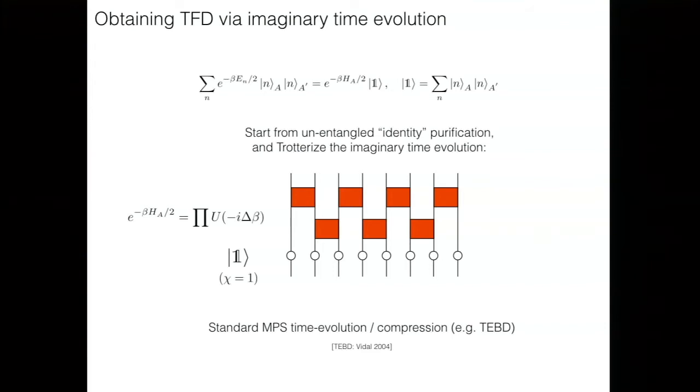So what I'm representing here is taking the general imaginary time evolution, trotterizing it into 2-site gates, and you sequentially start applying the gates to the MPS ansatz, and then at each step compress it back to matrix product state form. There's many ways to do this, but a standard one is time evolving block decimation due to Vidal.